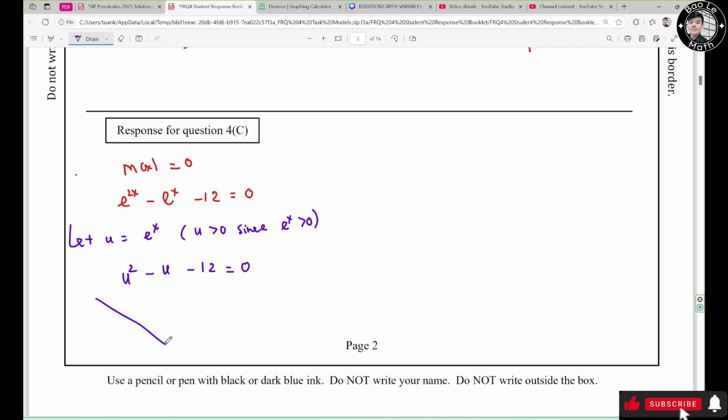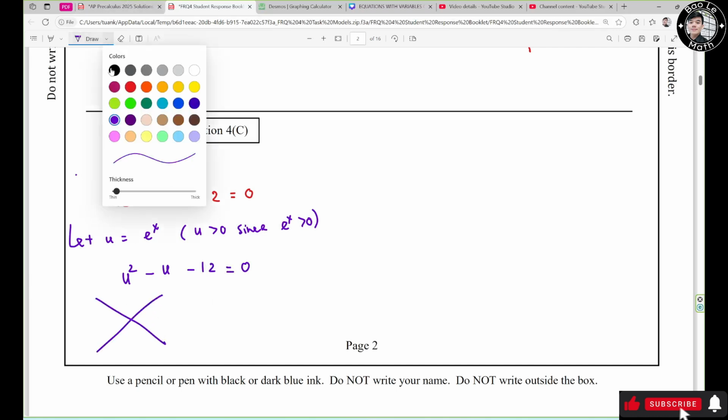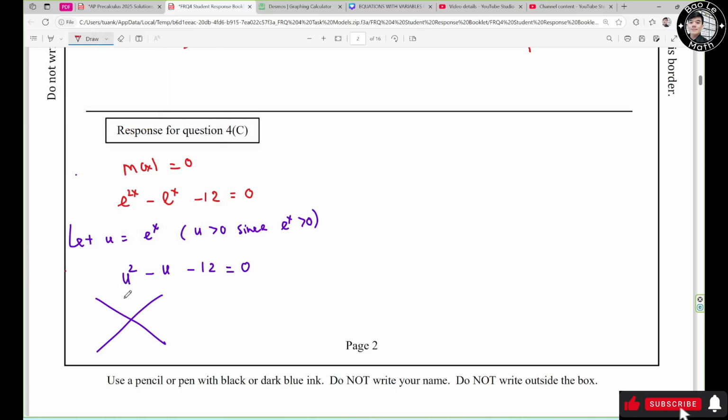Now I need to factor this. I need to use the X method to factor this one. I put c right here, which is negative 12, and b right here, which is negative 1. I need to find two integers that multiply to negative 12 and add up to negative 1, which are negative 4 and 3.